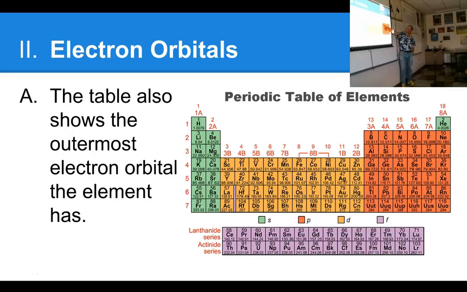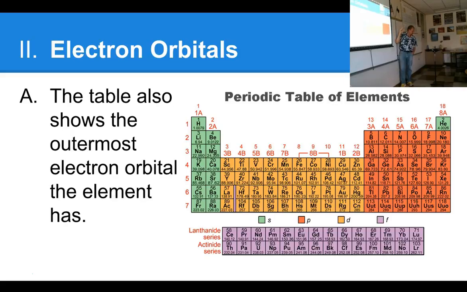The outermost layer is going to be a 2p. Same story for carbon, nitrogen, oxygen, fluorine, and neon. They will all end in 2p. That's going to be the outermost energy layer. And then sodium and magnesium start with 3s, and then here, aluminum, silicon, phosphorus, sulfur, chlorine, and argon all end in 3p. So you can see how this works.